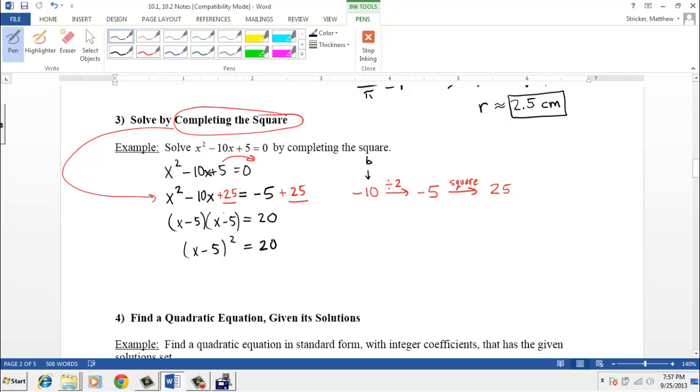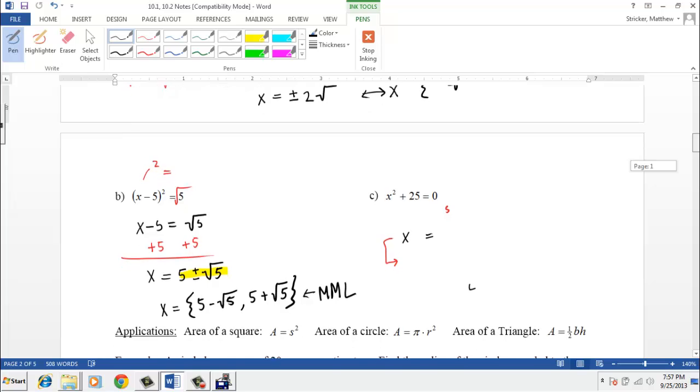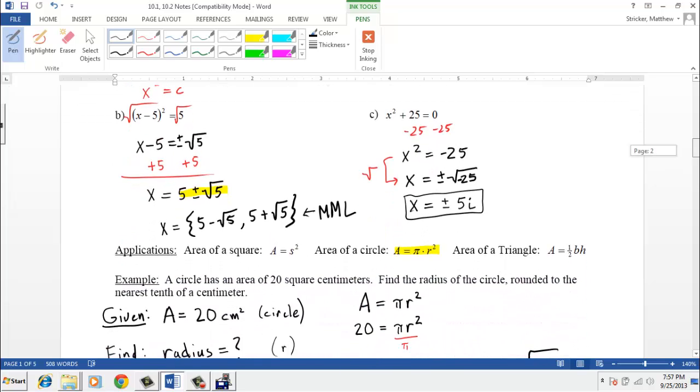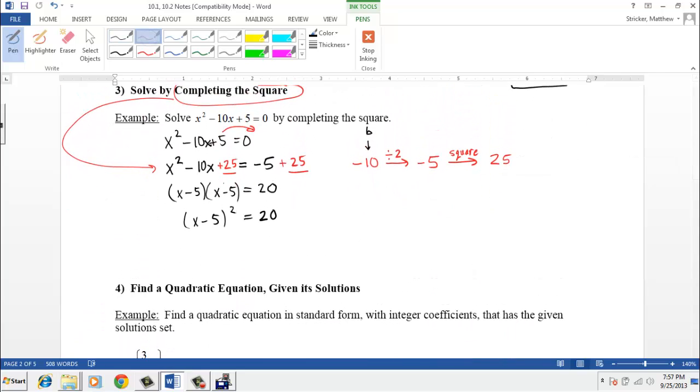And look what this looks like now. This looks like one of the problems we did earlier. It looks like the second problem under extracting the square root, example B here. So we can now take the square root of both sides, in which case the left-hand side just becomes x minus 5 because we got rid of the square, and the right-hand side is plus or minus square root of 20.